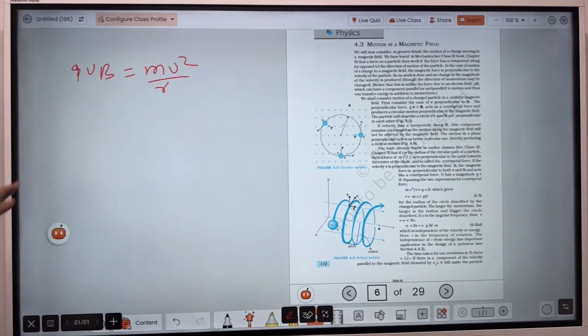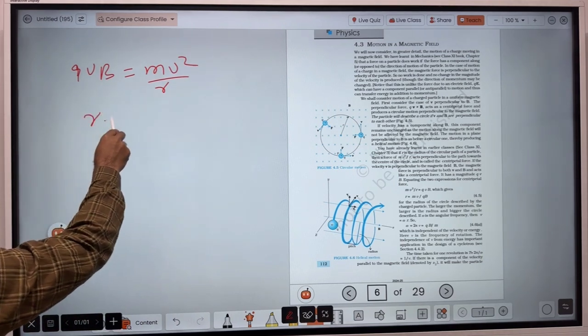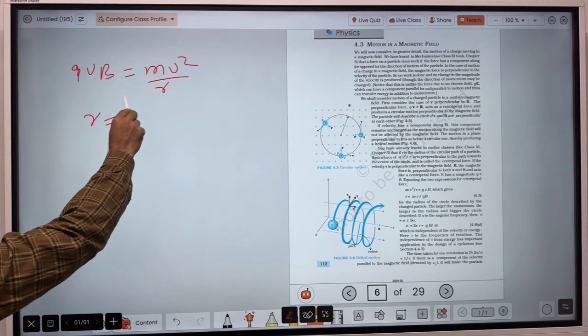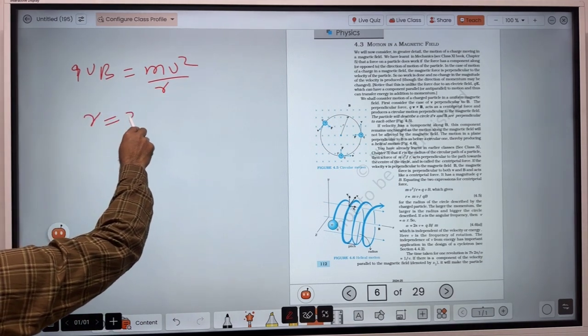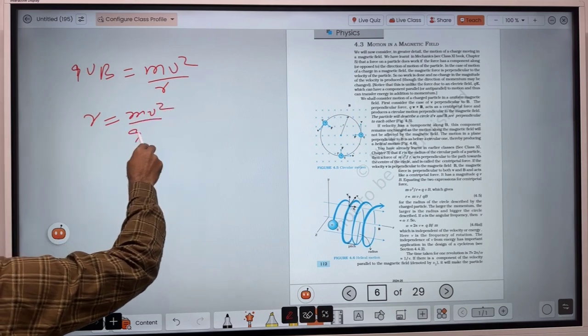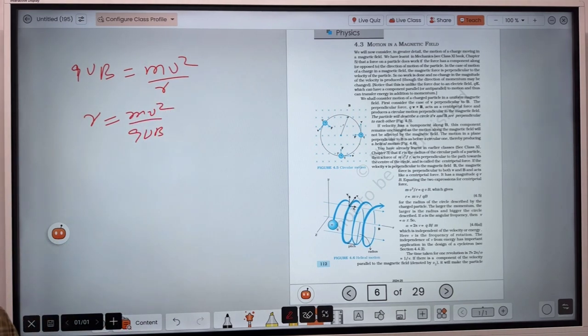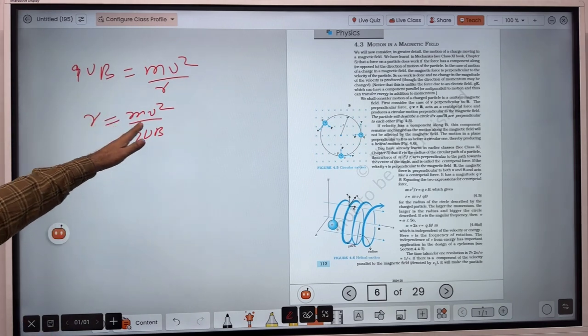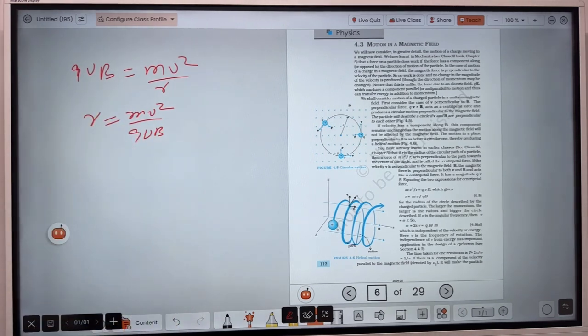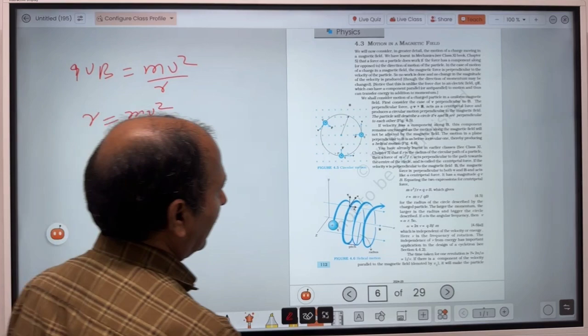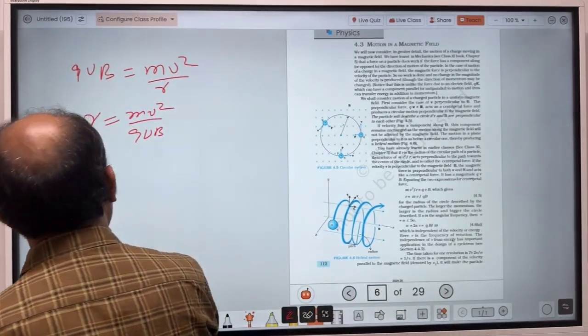So either we can write 1 by 2 mv square, or just write the relation for v from mv square divided by qvB, and then what is kinetic energy? Half mv square. Write the relation for velocity and then you can write it. Anyway you can get it, we will see it in the next question.